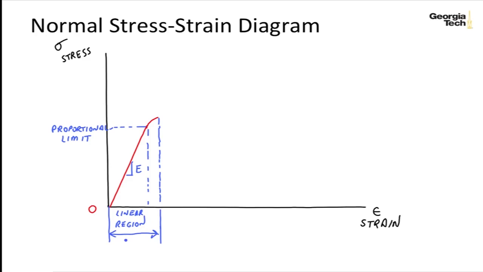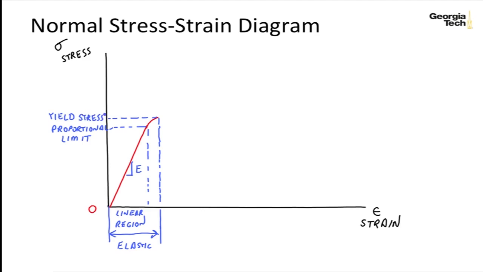The end of the elastic region is called the yield stress. This is where any stress beyond this point is going to produce permanent yield, or permanent set, permanent deformation. The body is not going to return back to its original position.